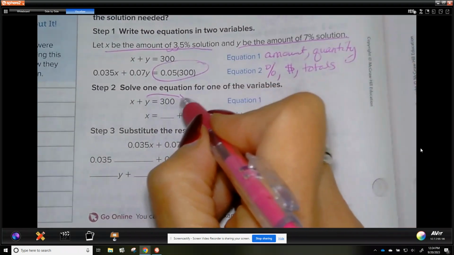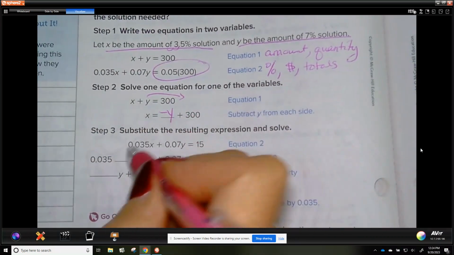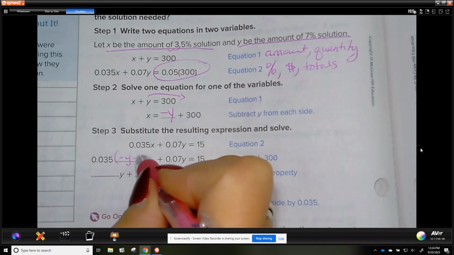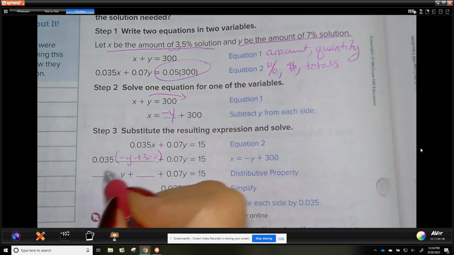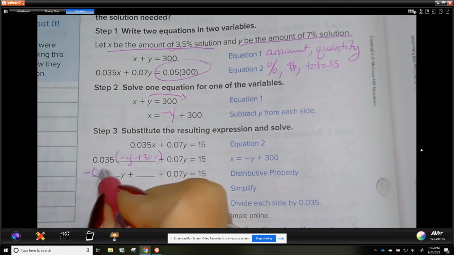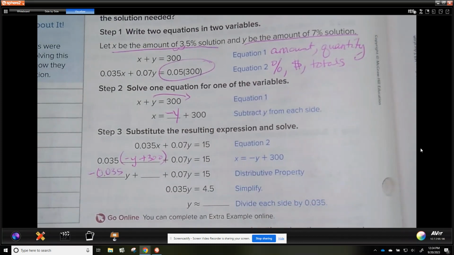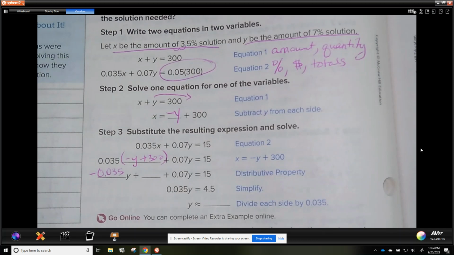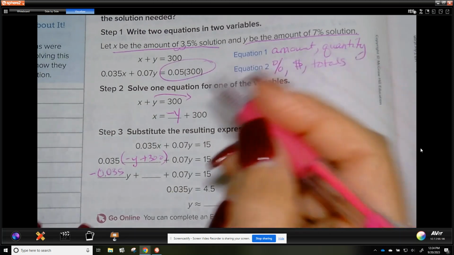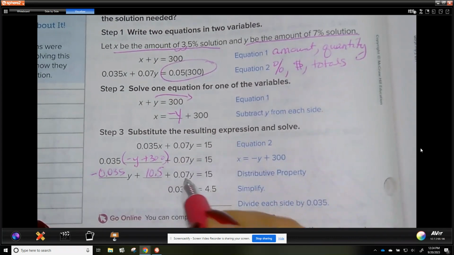We're going to move the y over, so it's negative y. We're going to substitute that in for x, negative y plus 300. Going to multiply negative 0.035y, 300 times that. Let me see, 300 times 0.035 is 10.5, plus this.